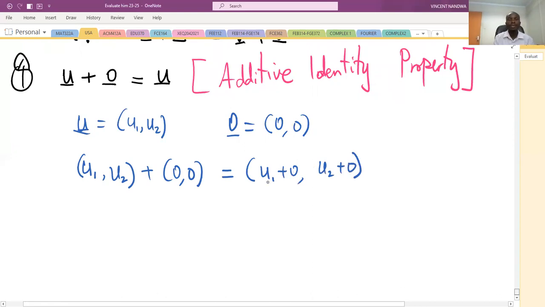Any real number plus 0 gives just that real number, which is just the same as the original U vector. So therefore, U plus the 0 vector just gives us U.